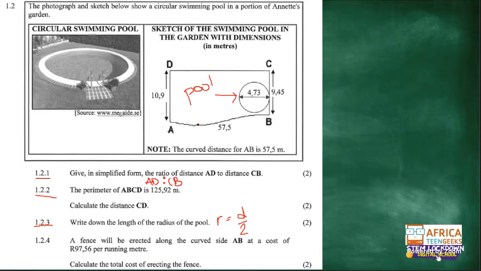A fence on this curved section, AB. If a meter costs 97.56. Again, I'm giving you 2 minutes for this particular question.